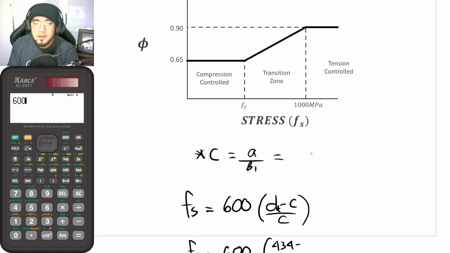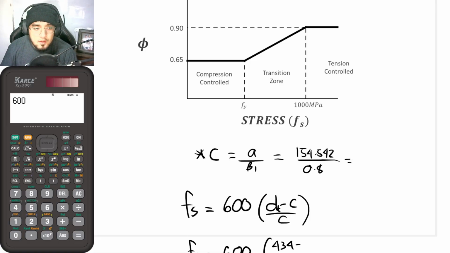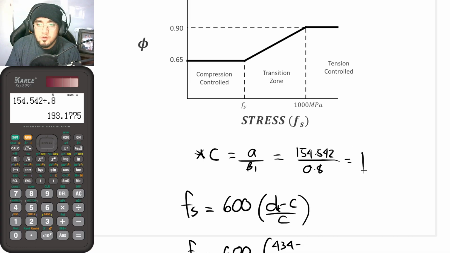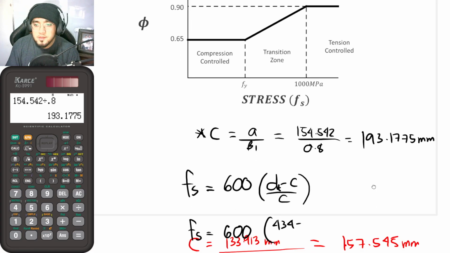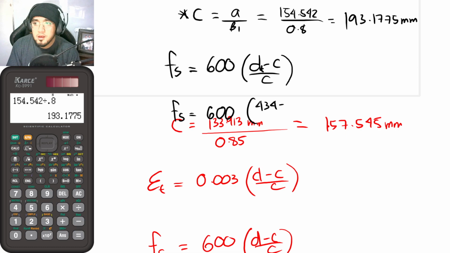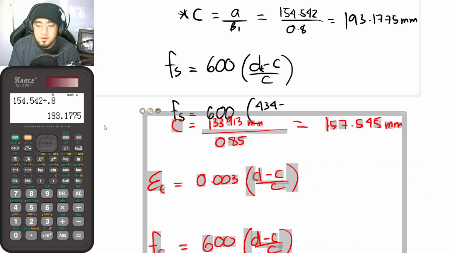And from that, c is equal to 154.542 divided by beta of 0.8. So calculating them, 154.542 divided by 0.8, it would now give you an answer of 193.1775 millimeters.